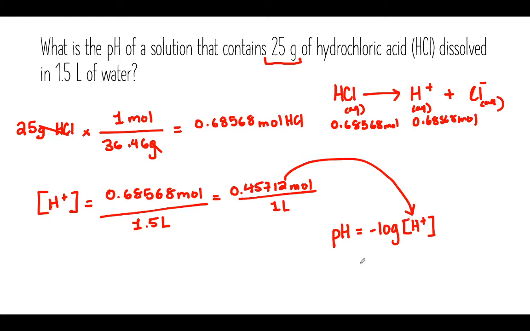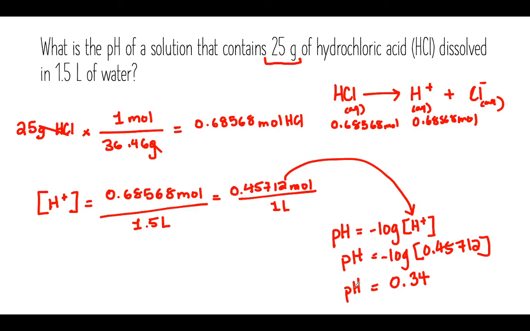So when I plug in negative log of the concentration of 0.45712, my final answer ends up being 0.339, but because there are 2 sig figs in this question, that's how many decimal places I need in my answer. So it's going to be 0.34. So the pH of the solution is 0.34.